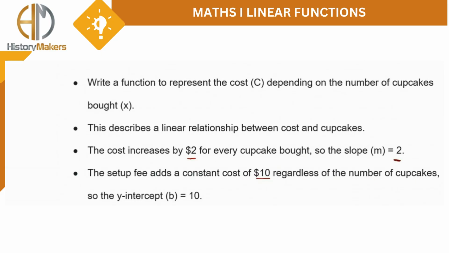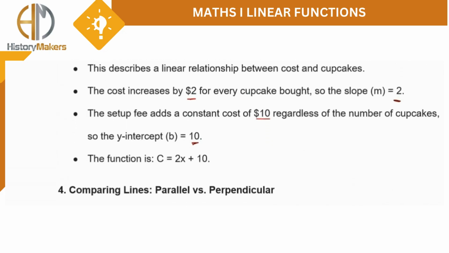So the y-intercept is going to be 10. So the function is going to be cost is equal to 2 times x plus 10. The 10 is a constant, and for every cupcake you buy, you have to multiply by 2.